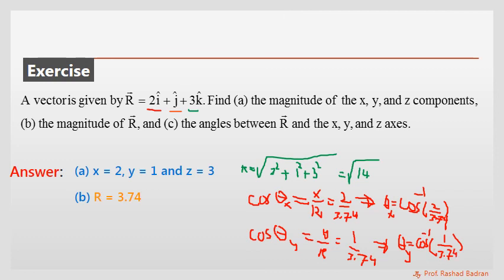Here the answer for theta x is 57.7 and for theta y is 74.5. And you can follow the same way to obtain the angle between the vector r and the z axis, which is going to be 36.7.